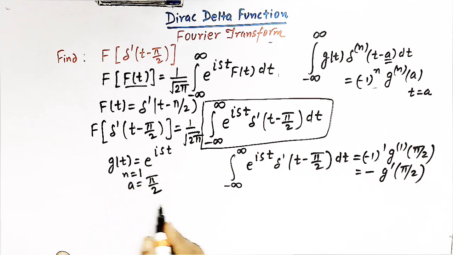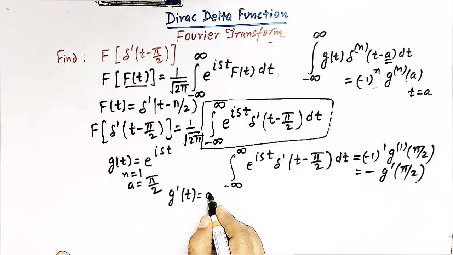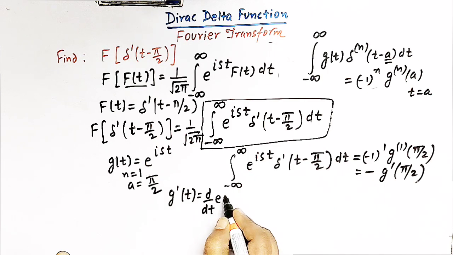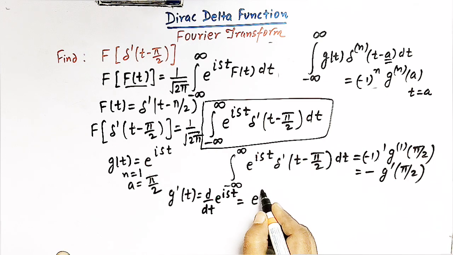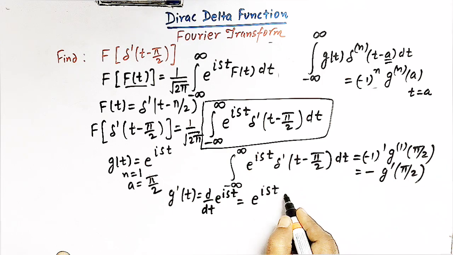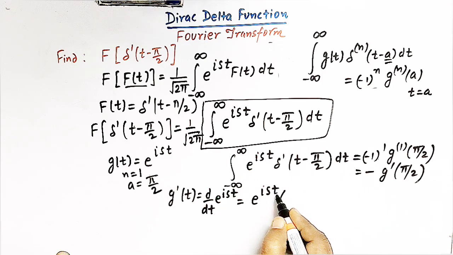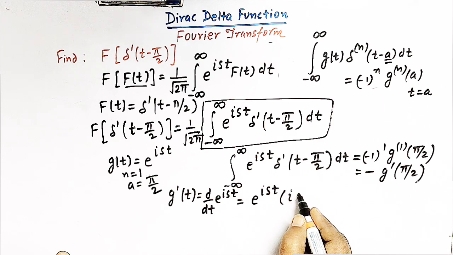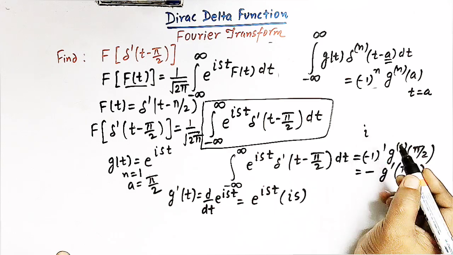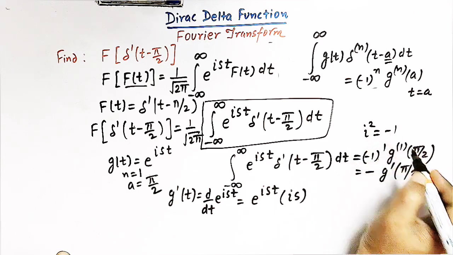Let us differentiate g of t with respect to t. g prime of t is d by dt of e raised to i s t, which by the chain rule is e raised to i s t times the derivative of i s t, that is simply i s, where i is the complex number iota and i squared is equal to minus 1.